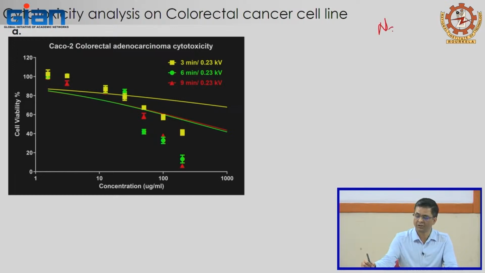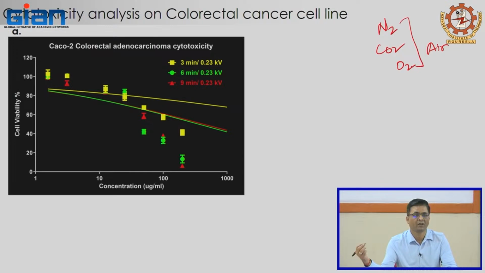Think, if you are using only nitrogen, what reactive species will it form? When you are using CO2, what reactive species will it form? When you use oxygen, what reactive species will it form? Or if you are using air, which is a combination of all these three gases, what reactive species will it form? Yeah, which is responsible for breaking those cells.